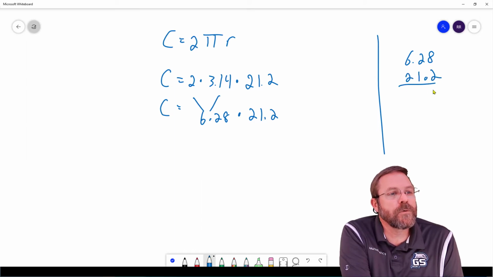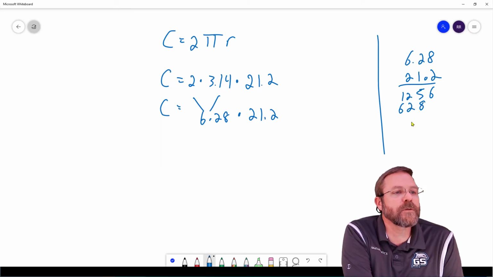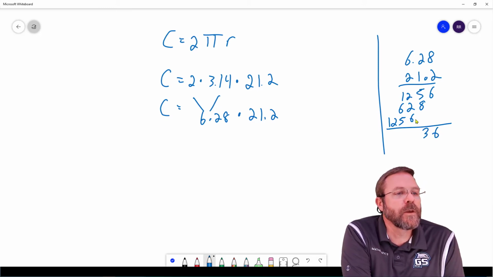8 times 2 is 16. 2 times 2 is 4, plus 1 is 5. And then 2 times 6, that's going to be 12. 1 times 8 is 8. 1 times 2 is 2. 1 times 6 is 6. And then we get another 6, 5, 2, 1. When you multiply that 2 times everything and add it up, that's going to be a 6, a 13, carry the 1, an 11, carry the 1, that's 8, that's another 13, carry the 1, a 3 and a 1.